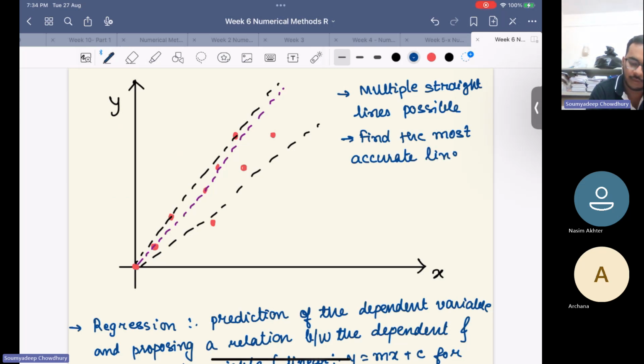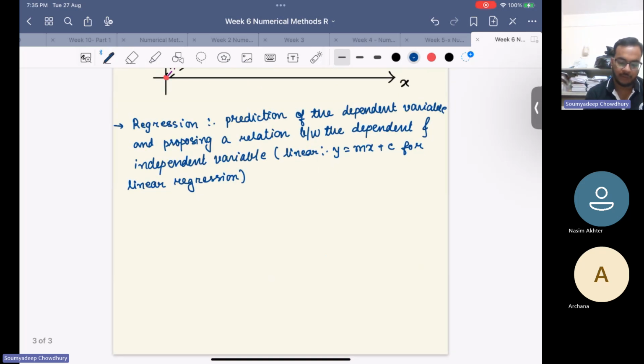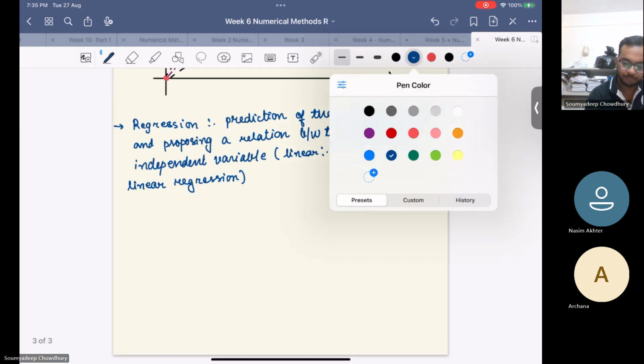We have to find the most accurate line, right? This is the main aim of our regression. So how can we find the most accurate line? We'll do it step by step.